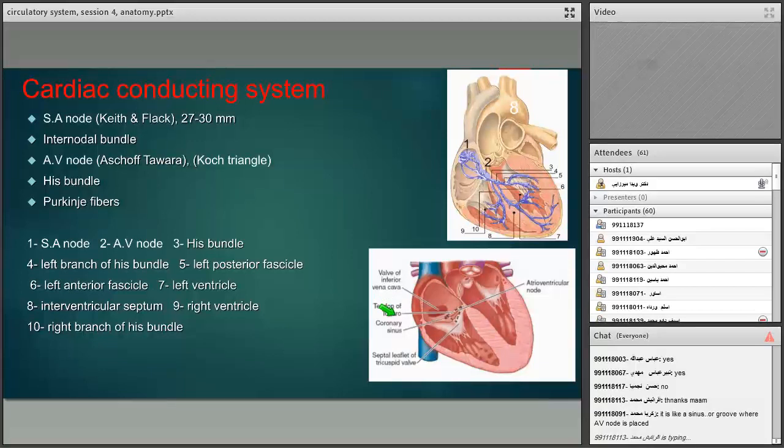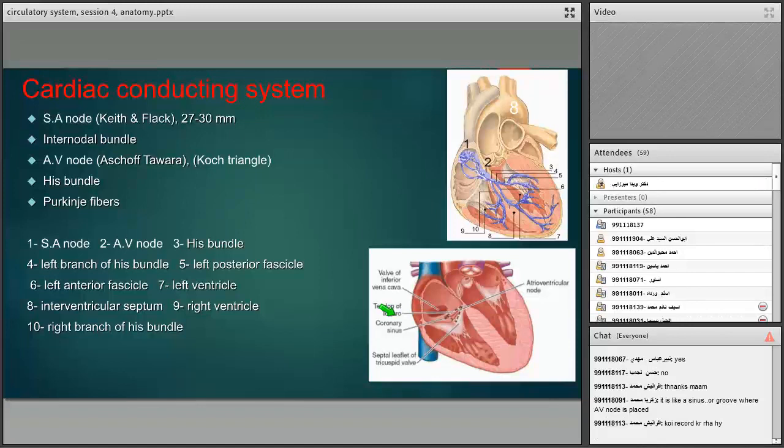No, it is not like a sinus, it is not like a groove, it's just a place and it can't be seen here. Just if you want to know where the AV node is, it is placed in Koch's triangle, and the 3 sides of Koch's triangle are the base of the septal leaflet of the tricuspid, the base of the coronary sinus, and the tendon of Todaro.